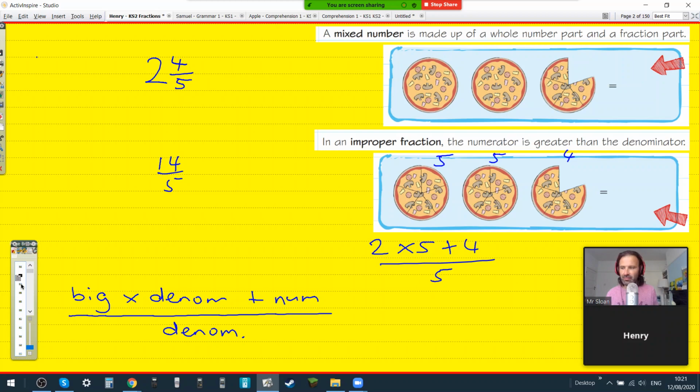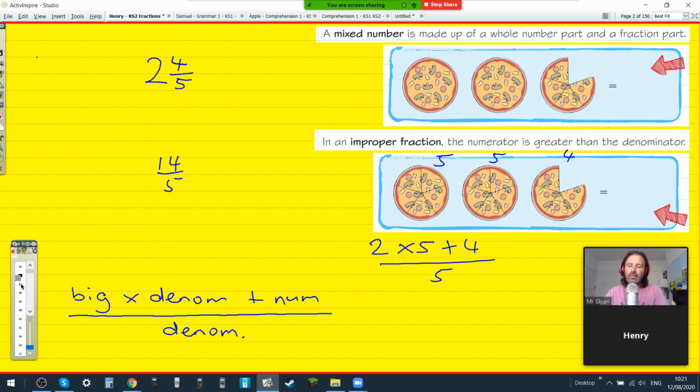And to make it improper, one whole is the same as 5/5, and because there's an additional 1/5, it is 6/5. So the improper fraction is 6/5, and what makes it improper is that the denominator is smaller than the numerator.